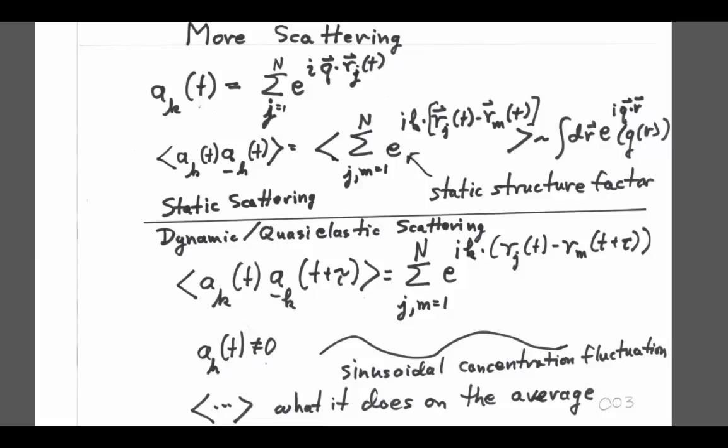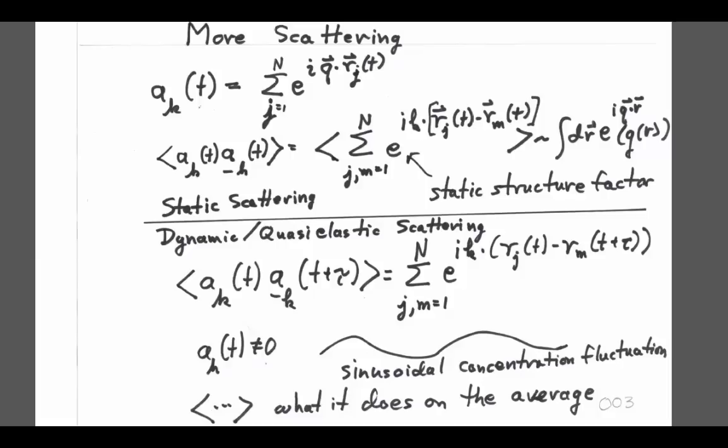That's determined by a double sum. The summation variables are j and m over the number of particles. j and m go independently from 1 to capital N, and what we add up, since there are two factors, e to the i k dot r, and the signs on k are opposite, is this object labeled static structure factor.